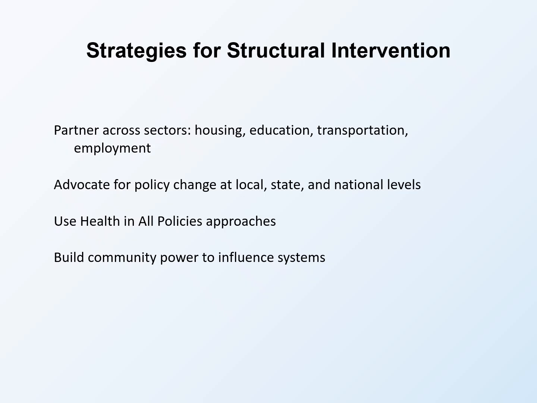Third, use health in all policies approaches. This means considering health impacts in all policy decisions, not just those labeled as health policy. When a city plans a new transit line, what are the health implications? Fourth, build community power. Communities that can advocate effectively for themselves produce more lasting change than programs imposed from outside.